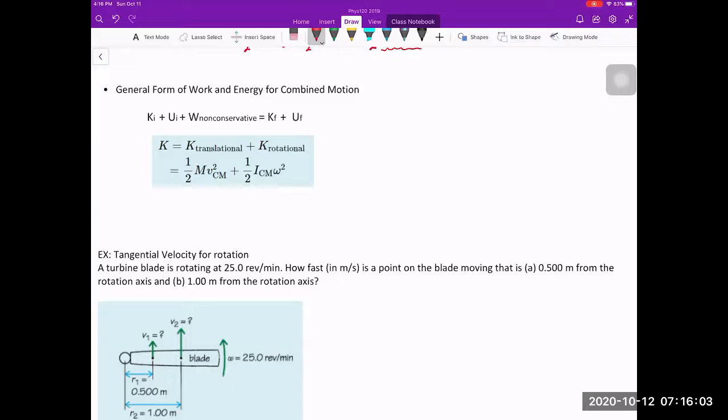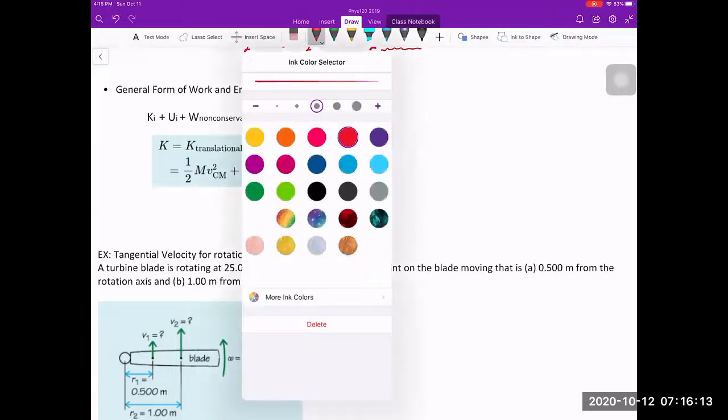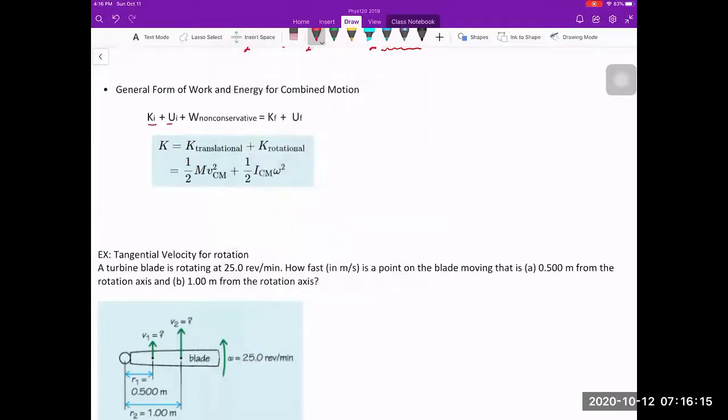So here, one way to write this equation is you put the initial kinetic energy and the initial potential energy, and you add the work, and that will be equal to the final kinetic energy plus the final potential energy. Well, this K here represents the total kinetic energy, including the translational and the rotational, which means the K could have two different parts.